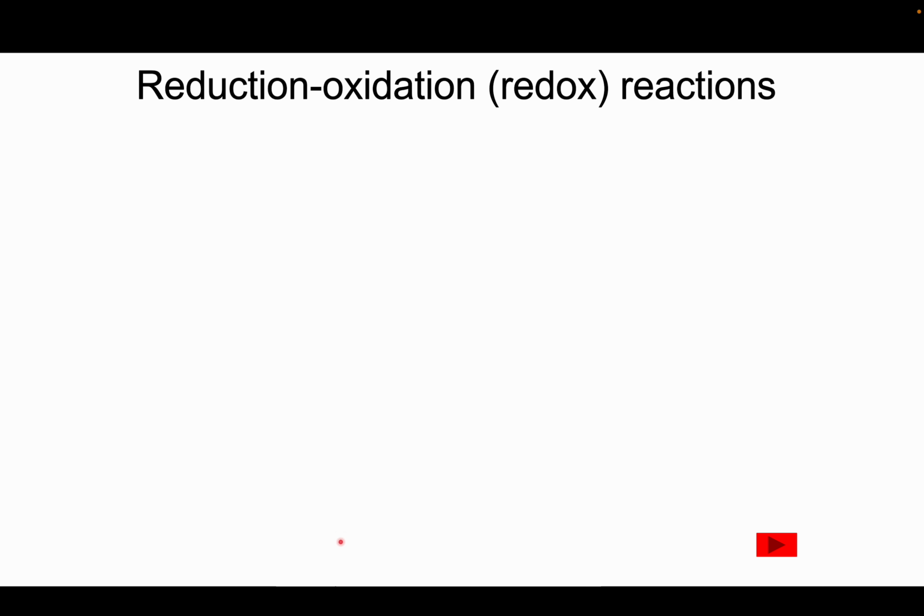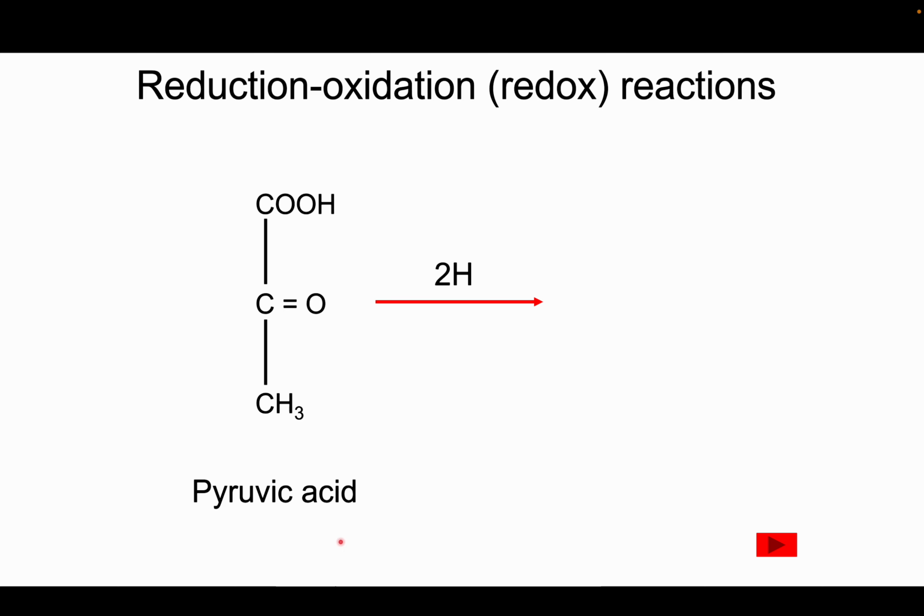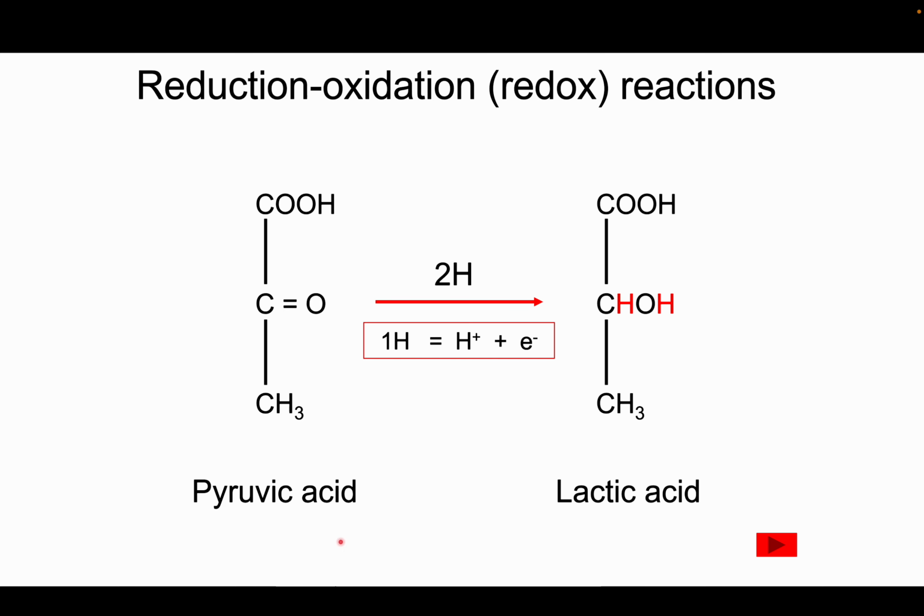Now, just to reiterate how important these reduction and oxidation reactions are throughout the glycolytic pathway, you remember the difference between them by looking at the donor molecule. The recipient molecule is the one that is either reduced or oxidized.